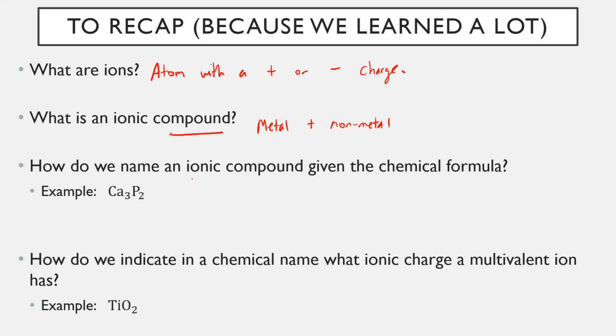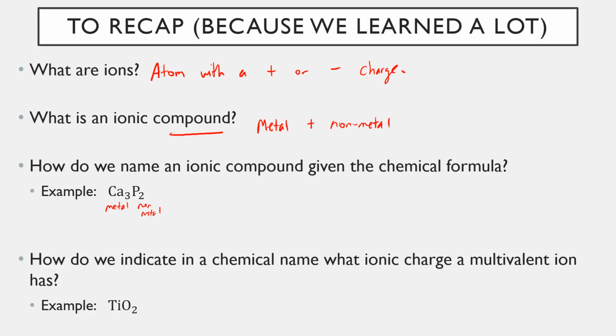Next one, how do we name an ionic compound given the chemical formula? For example, if I give you Ca3P2, how could we name that? Think about that. First things first, you can notice that calcium, which is Ca, is a metal, and P, which is phosphorus, is a nonmetal. So this is an ionic compound.